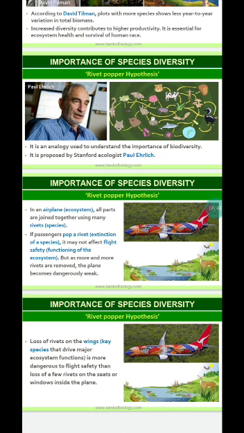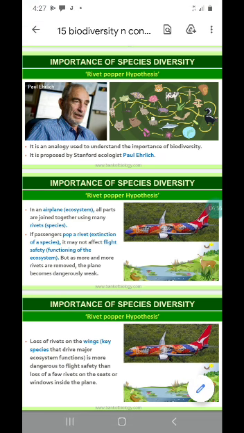Will that disturb the flight actually? If a passenger takes a rivet, just a small nut or bolt from the aeroplane, it is not going to affect the flight as such. But if the rivet is from the wings or from the cockpit or from the main part of the aeroplane, that is definitely going to affect the aeroplane.